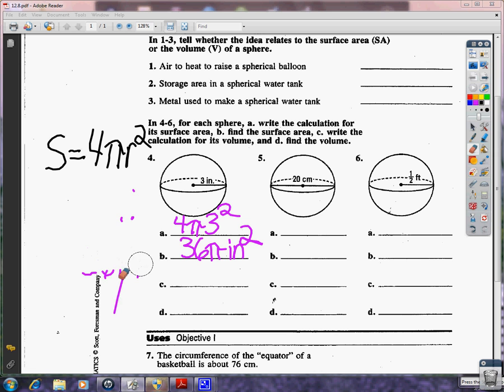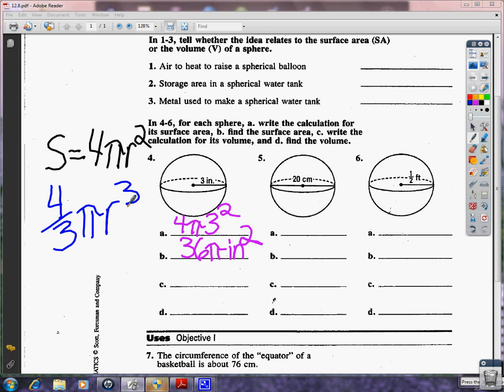That was surface area. Now we need to go for volume. Volume is 4/3 pi r cubed.